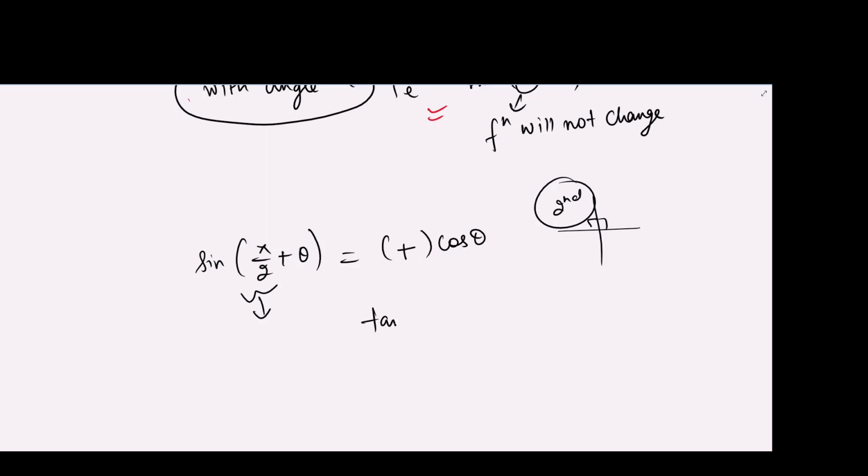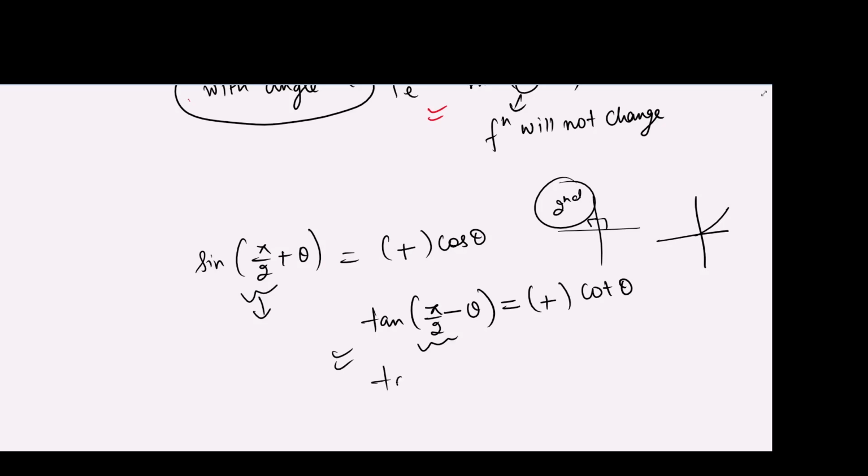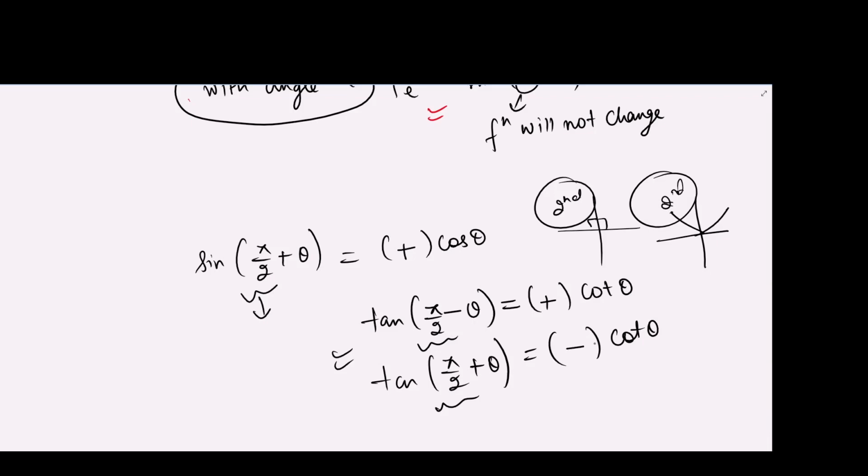If we have tan(pi/2 minus theta), there is a pi by 2, so the function will change to cot theta, and theta lies in the first quadrant. In the first quadrant all are positive. If we have tan(pi/2 plus theta), the function will change to cot theta, and pi by 2 plus theta is in the second quadrant, where tan is negative, so a negative sign will come.